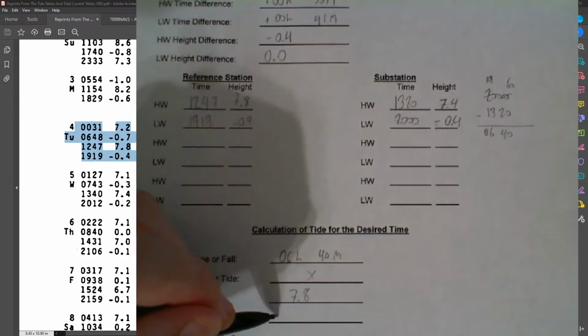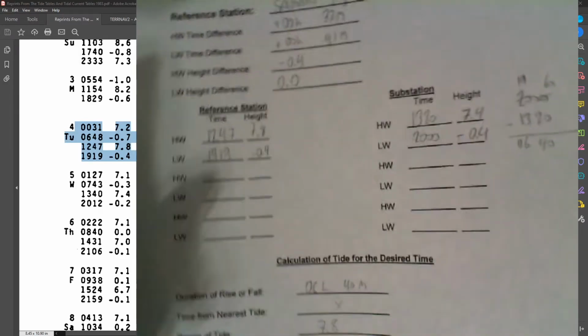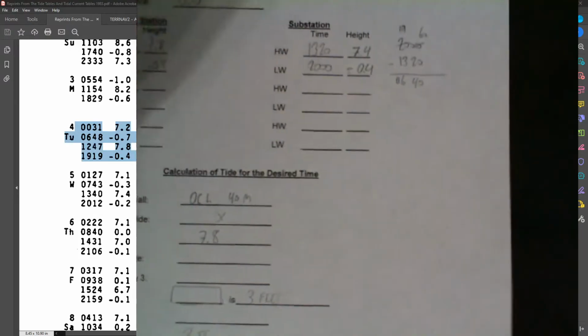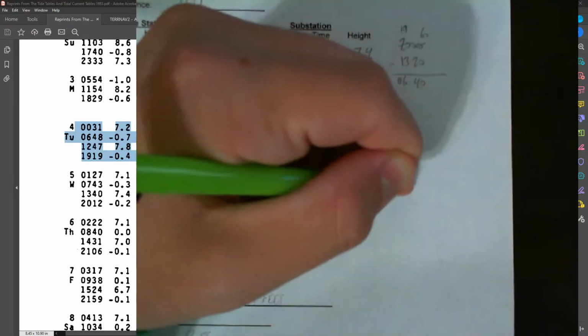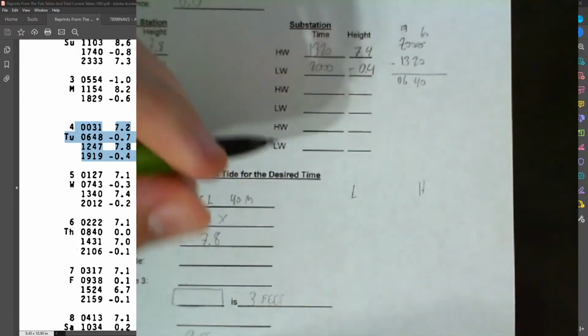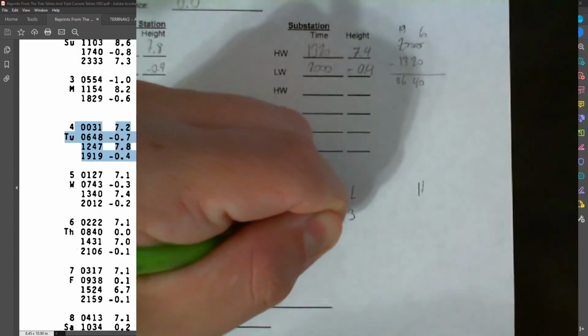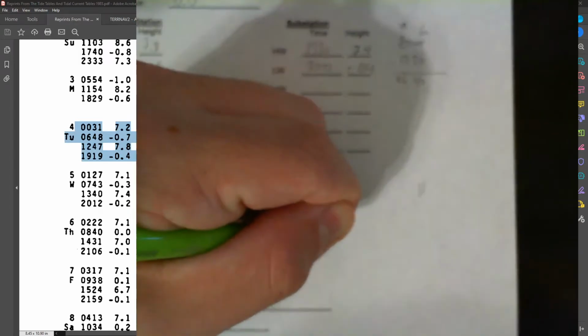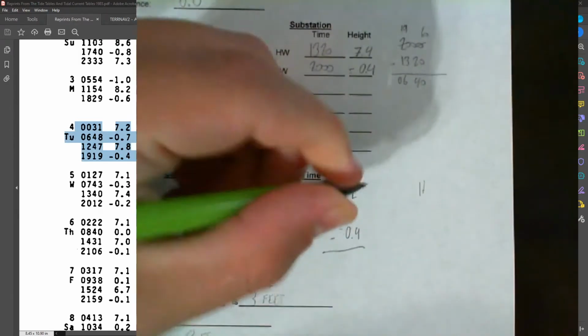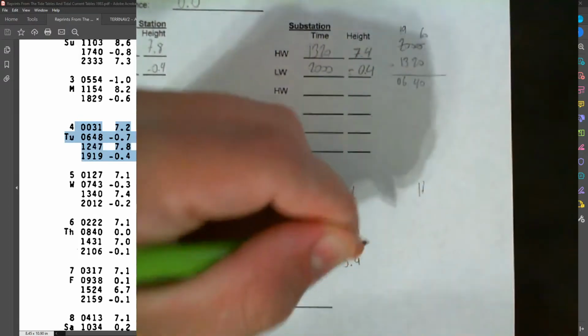Height of the nearest tide. Now this is what we need these two for. We did this in the last problem. So we have L and H. L simply means we're taking 3 and subtracting the low water: 3 minus 0.4, 3.4.